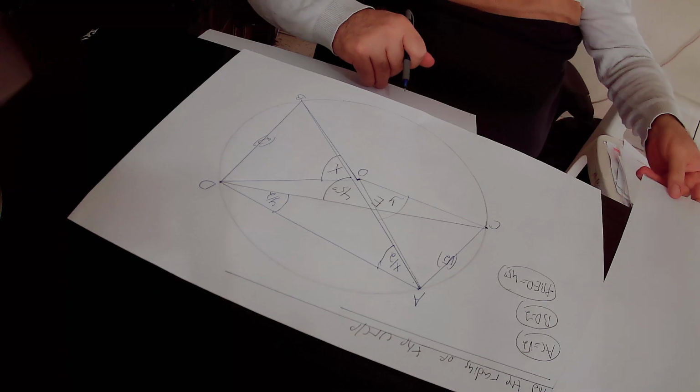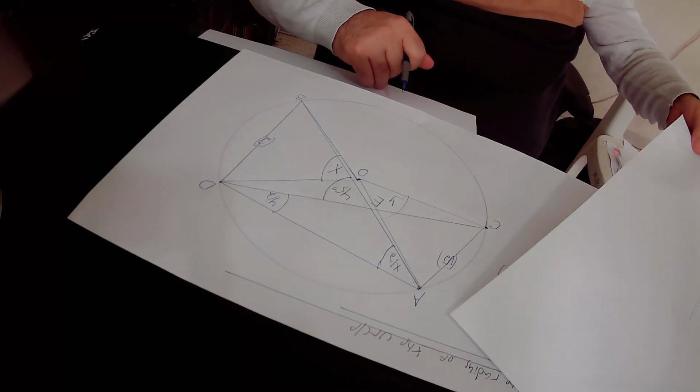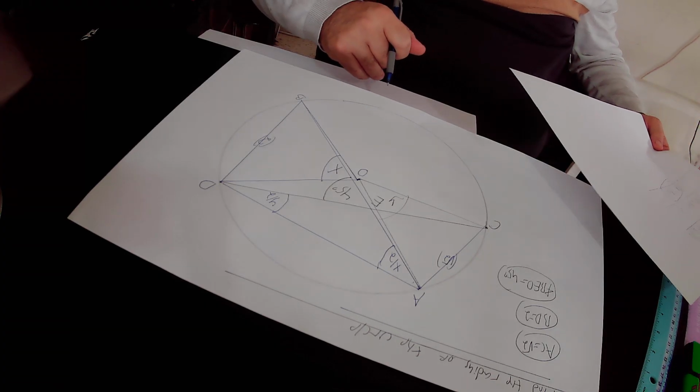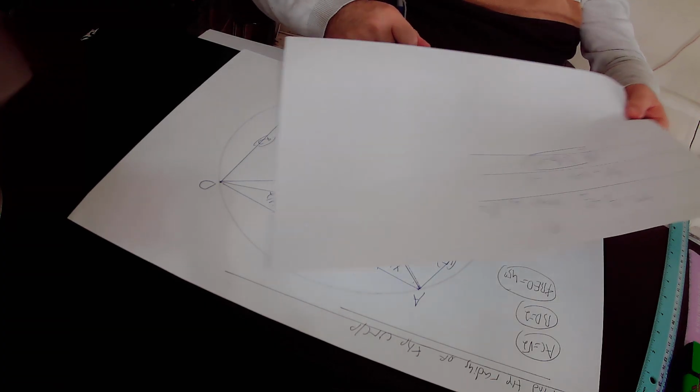We have the trigonometric identity, but we also have the law of cosines.